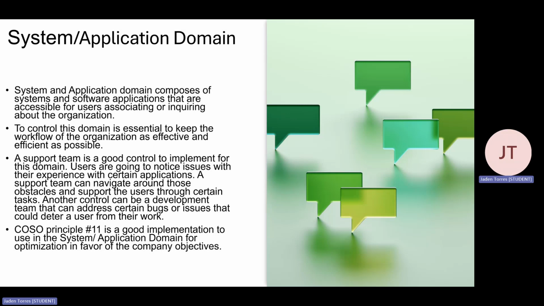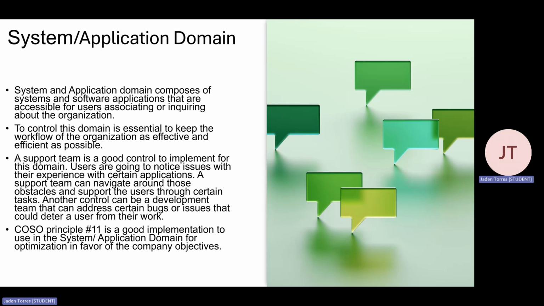A support team, help desk, or development team is a good control to implement for this domain. Users are going to notice issues with their experience with certain applications that developers are possibly not able to find themselves. A support team can help navigate around these obstacles and support the users through these tasks. Another control can be a development team that can address certain bugs or issues that could deter a user from their work.